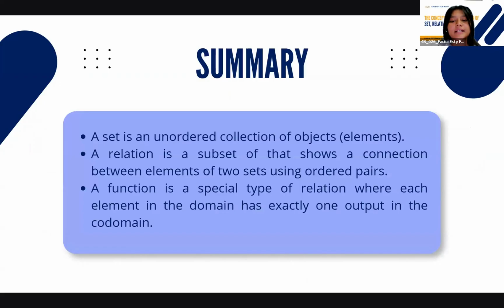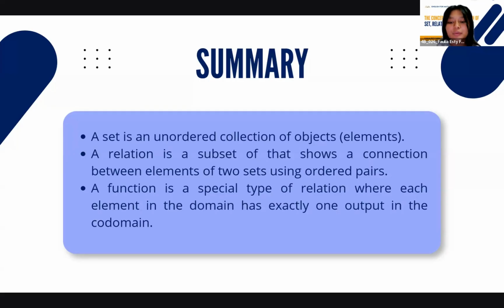First, set. A set is a collection of objects which we call elements. Second, relation. A relation shows a connection between elements of two sets using ordered pairs. Third, function. A function is a special type of relation where each input has exactly one output.